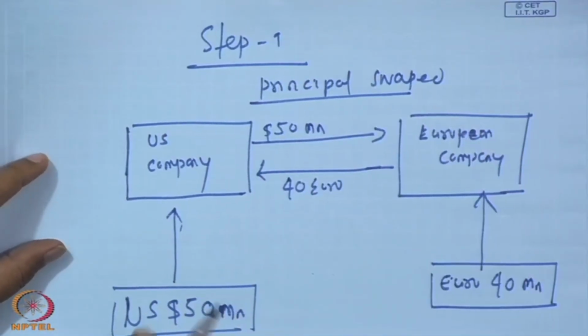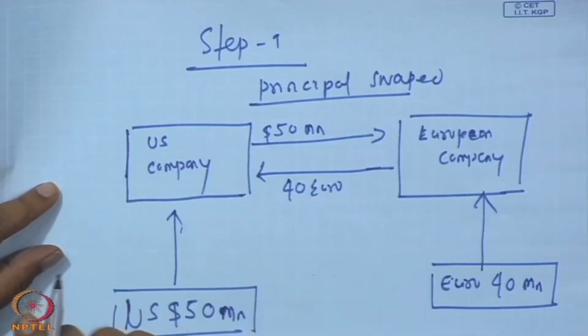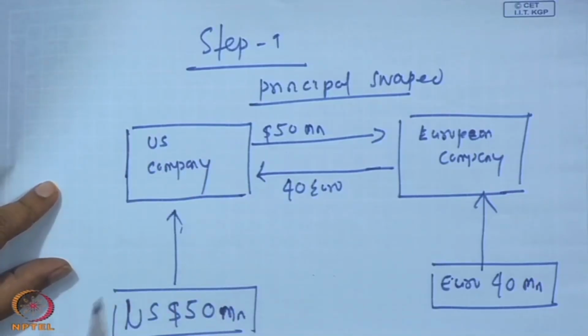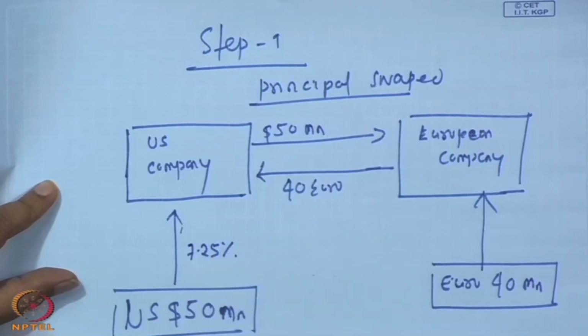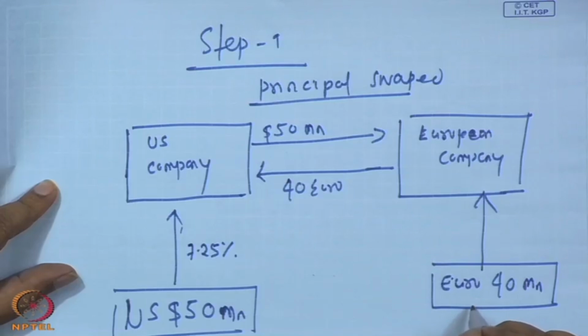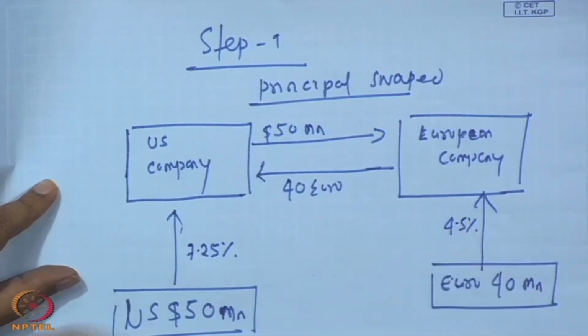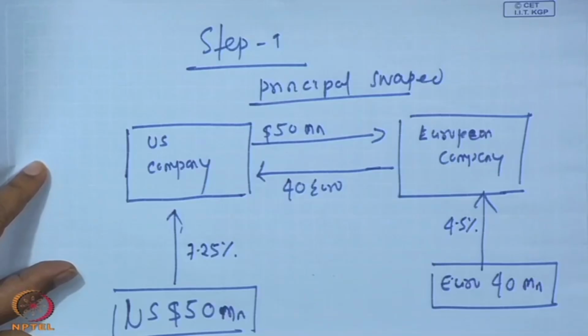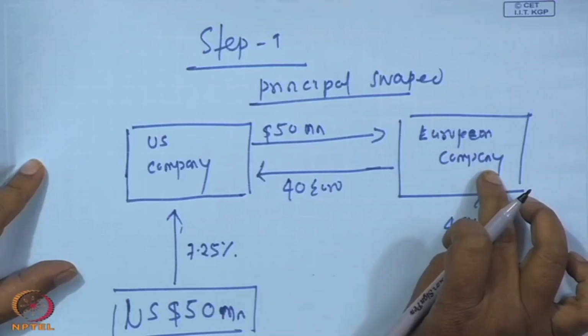Then the US company is raising 50 million US dollars at 7.25%, and the European company is raising 40 million euro at a 4.5% interest rate. In the second transaction, who will pay the US dollar interest? The European company, because they have got the US dollars.